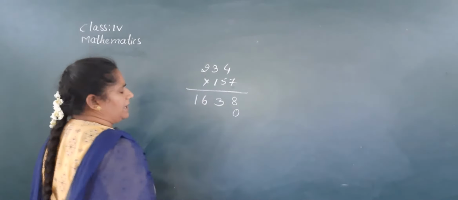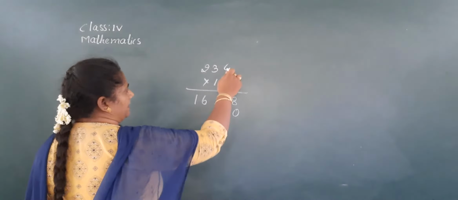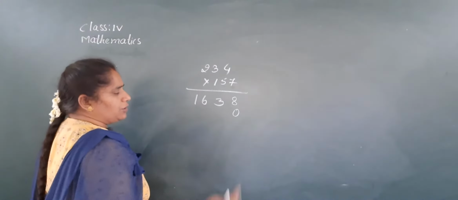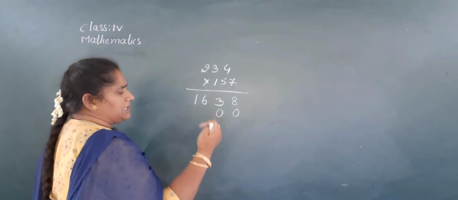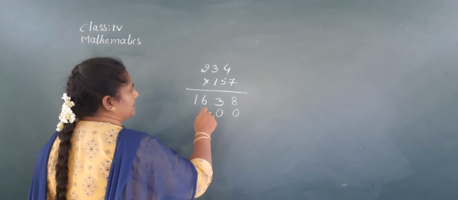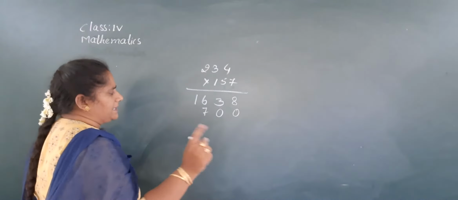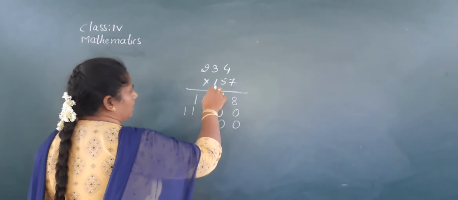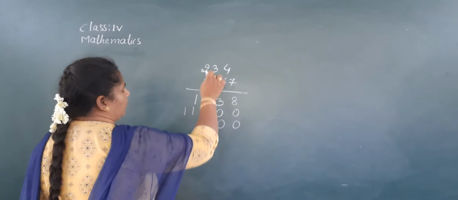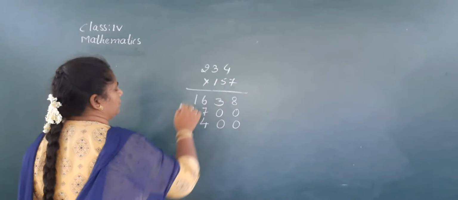Now keep 0 in the ones place, multiply by tens place. 5 4s are 20. 2 in hand, 0 is down. 5 3s are 15, 16, 17. 1 in hand, 7 is down. 5 2s are 10 plus 1, 11. Now ones place, tens place close. 1 4s are 4, 1 3s are 3, 1 2s are 2.